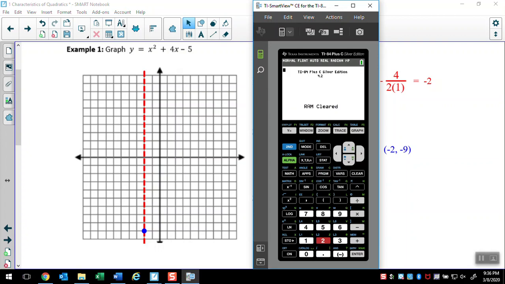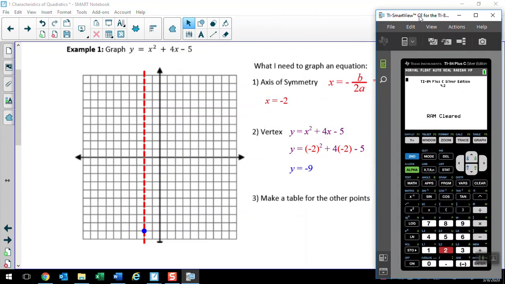So if I were to go into my calculator, I can go to y equals, and I can type in this equation. So I can do x squared plus 4x minus 5. And now I can hit graph.